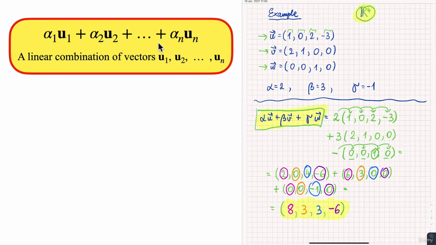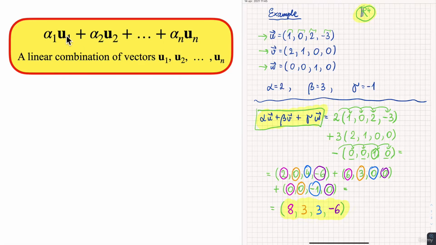So now you have seen an example, and now it should be clear to you that you can take any number of vectors and the same number of scalars, and in this way produce a linear combination of these vectors. And all these vectors must, of course, belong to the same space.